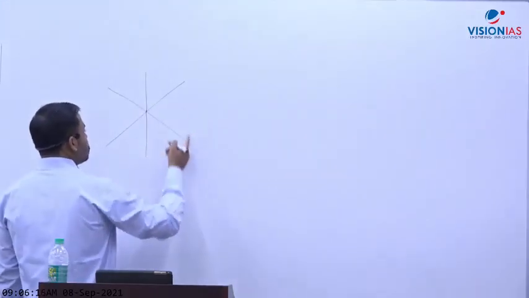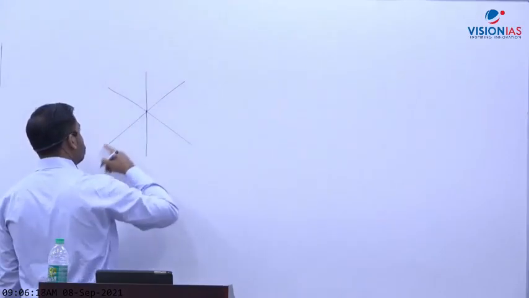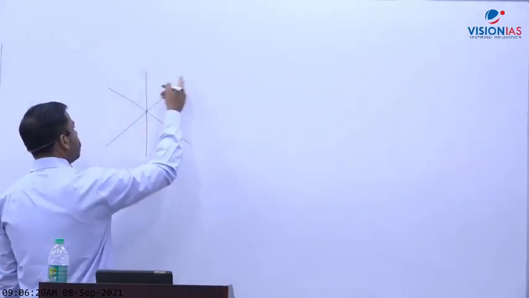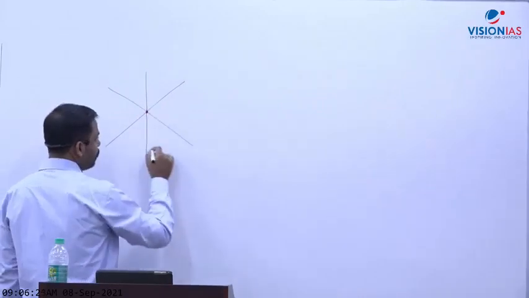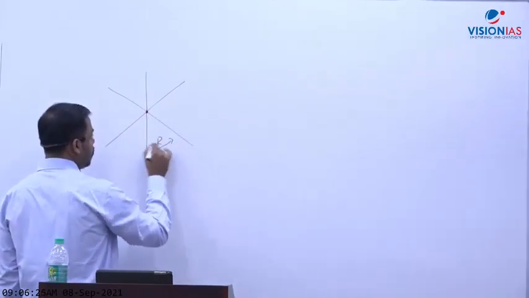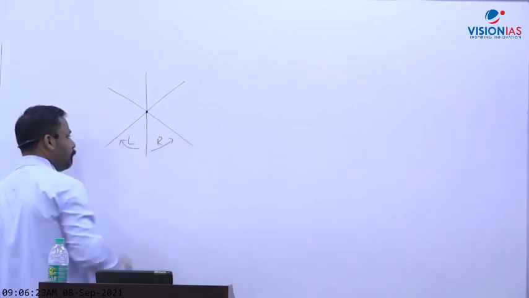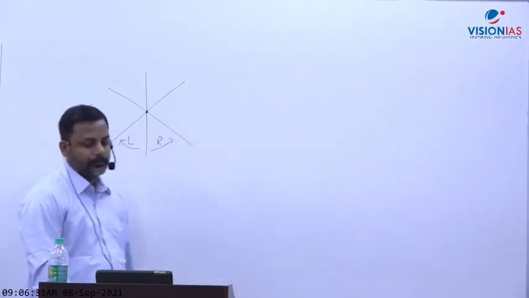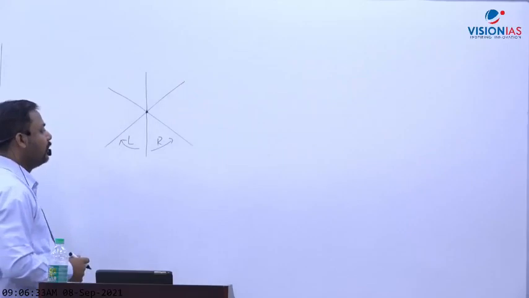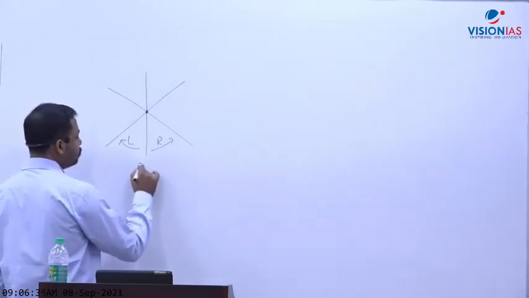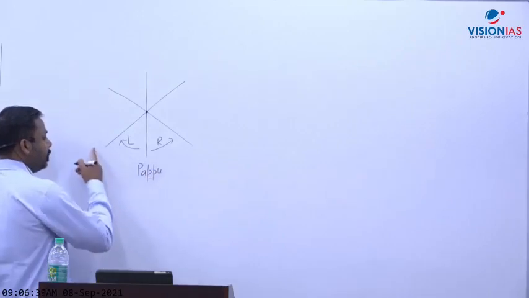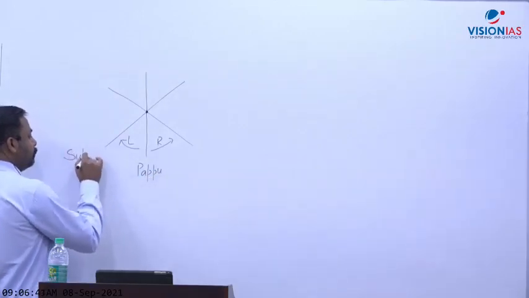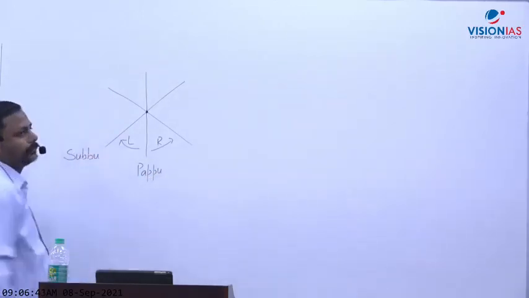The total of 6 persons are standing, so these 6 are the positions of the persons. And in this side we will move right, and towards this side we will move left. So Subbu is to the left of Pappu, so we will place Pappu over here. On the left hand side, we will place Subbu.